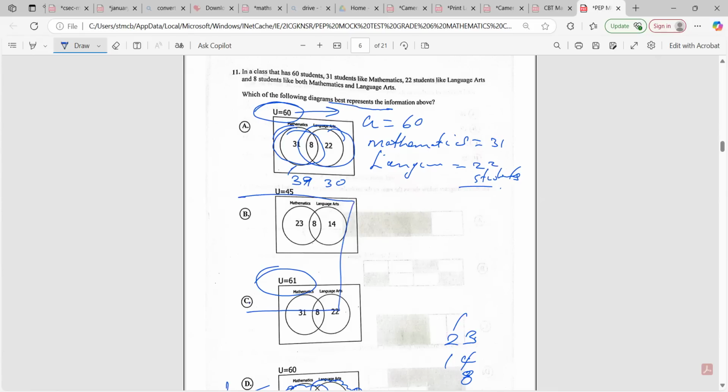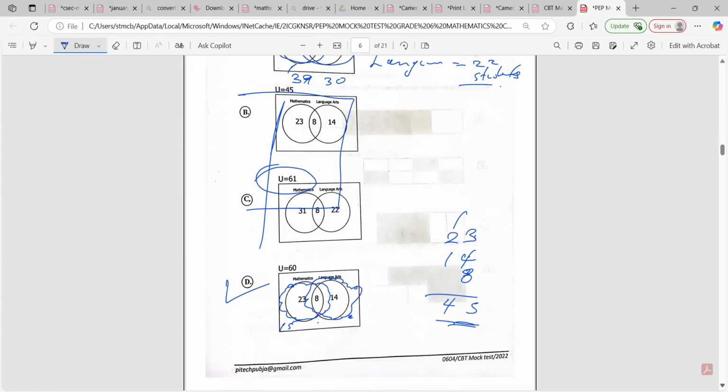Sir, can I tell you how I got it? No, wait till the other person says something first. Go ahead. We have to listen, you know. These universal isn't 60. Yes, it is. The universal is 60, but yeah, he said which one best describes it.